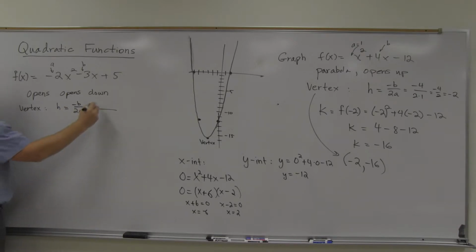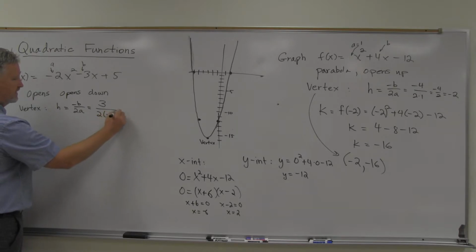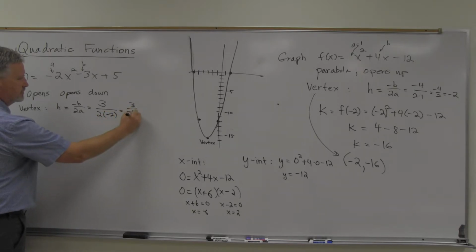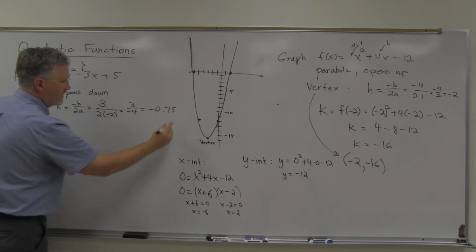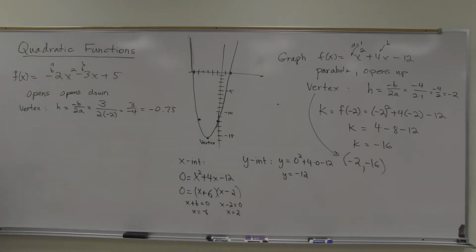You do the opposite of whatever b is. And then over 2 times -2, so you got -3/4. Let's go with -0.75. It's probably a little easier to compute for most of us in decimal. So how do we get the k?